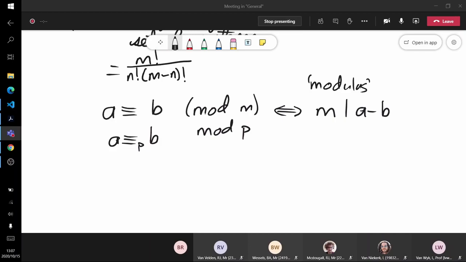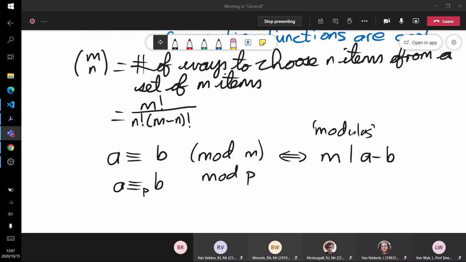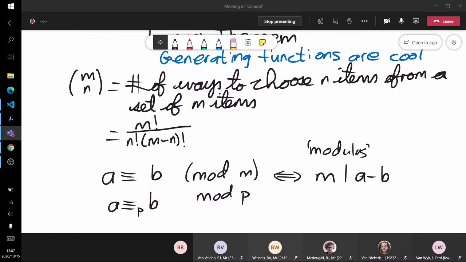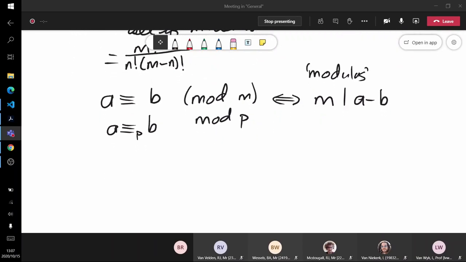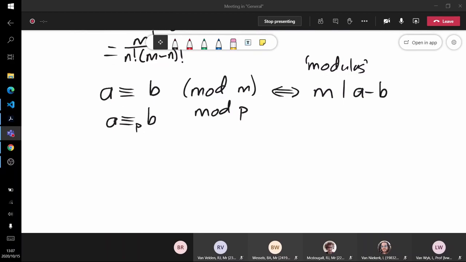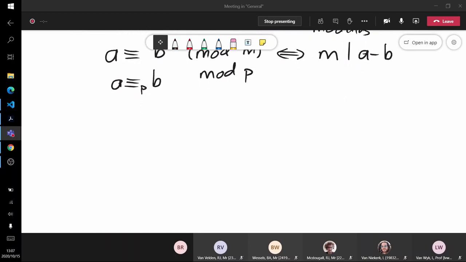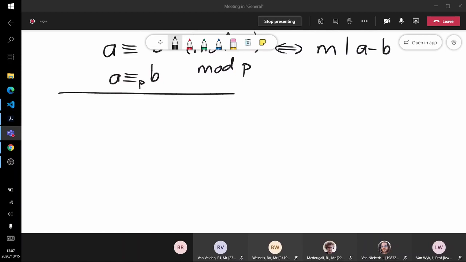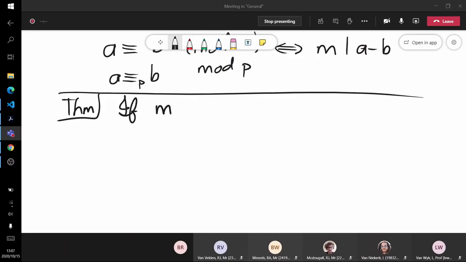Cool. So we have the binomial coefficients and we have modular arithmetic. I'm sure you know modular arithmetic and the different properties that it has. And now we can finally state Lucas's theorem, which is kind of cool. I think it's cool. Anyway, if you have a number, let's say m, I'm going to write down the base p expansion of m.